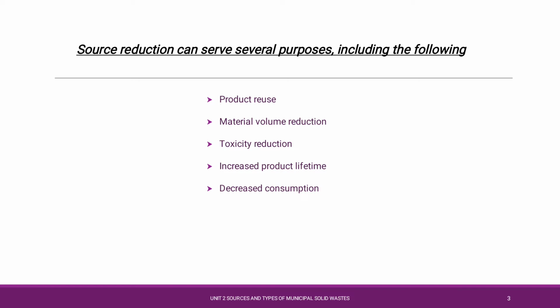Then the toxicity reduction. Toxicity reduction is the minimization of the toxic compounds which exist in the waste. For example, we use pipe connections and paint products for our home usage. When we dispose of that waste into the waste container, these substances contain toxic substances like lead, cadmium, and various minerals.